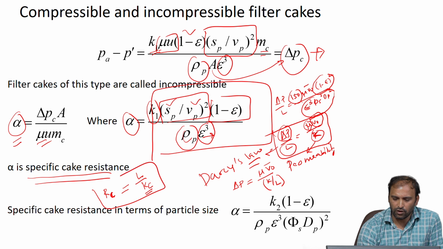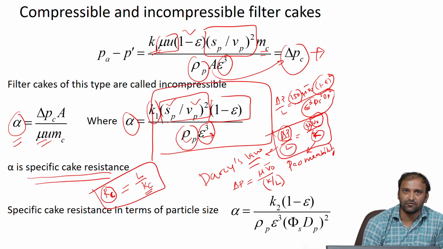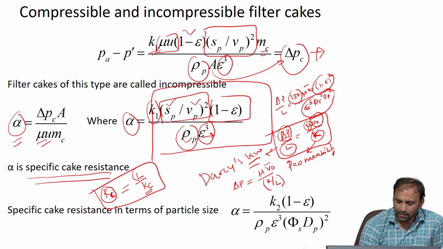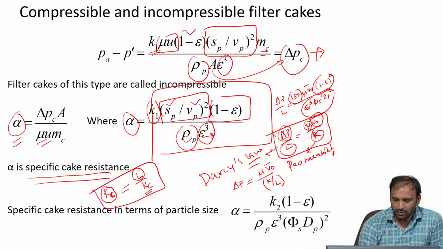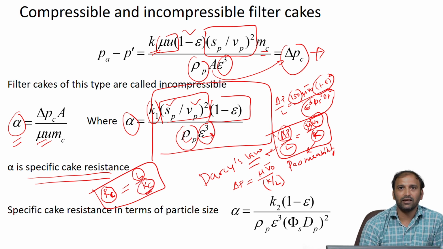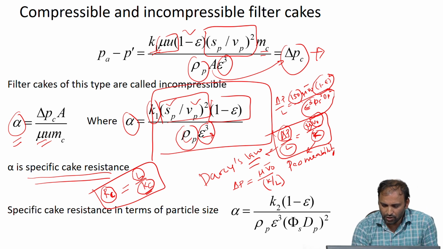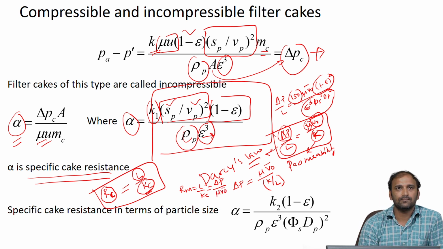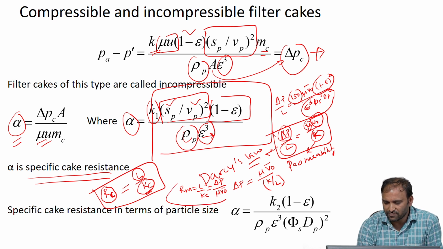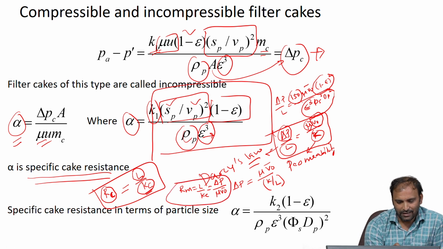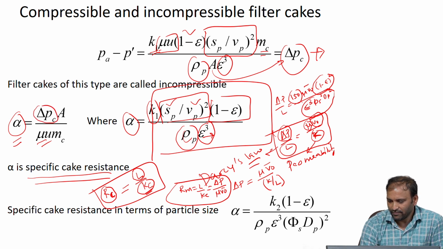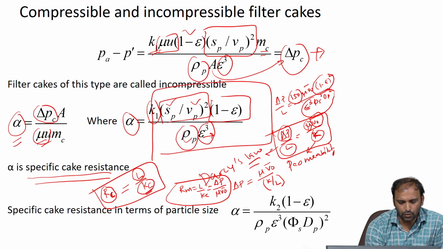So the resistance because of the filter cake is defined as the length of the packed bed, or in this case the length of the cake, divided by Kc, where Kc is the permeability of the cake, right? So therefore your Rc, which is L by Kc, basically goes as delta P divided by mu into V naught bar. Okay, so just look at the analogy of this expression with this, right? So I have delta Pc there, I have mu into u.